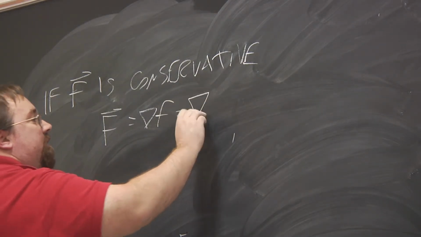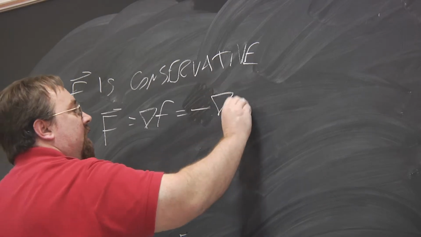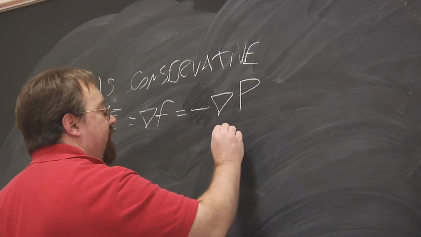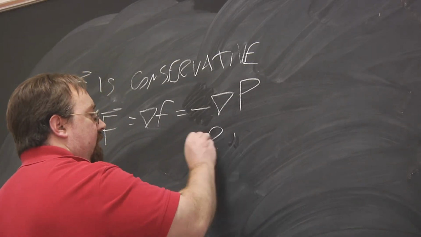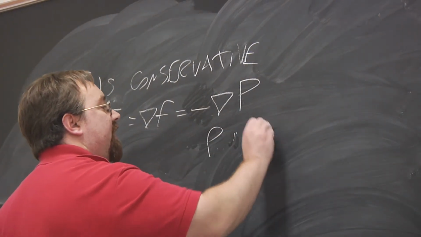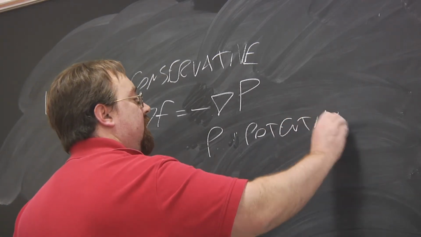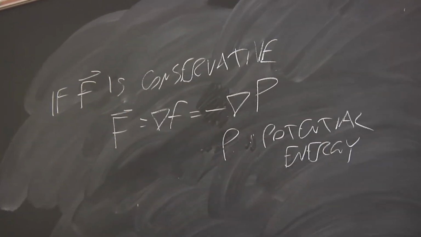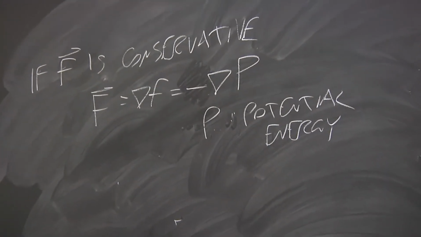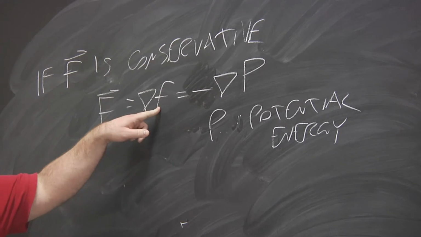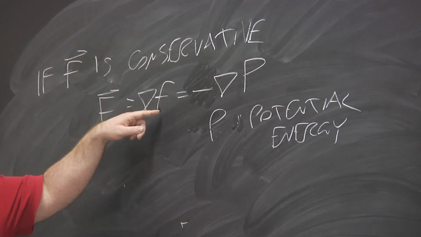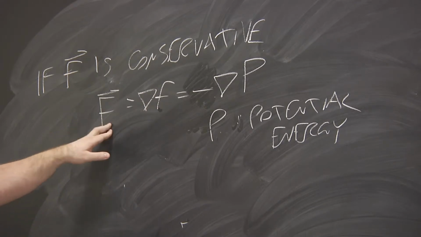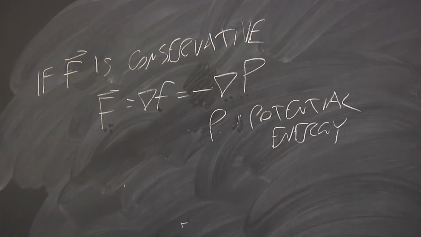It's also the gradient of, or minus the gradient of this function capital P, which is a potential energy of the object at any given point. All right. So, because the function little f is actually called a potential function for big F. So here we have force being equal to minus the gradient of potential energy.